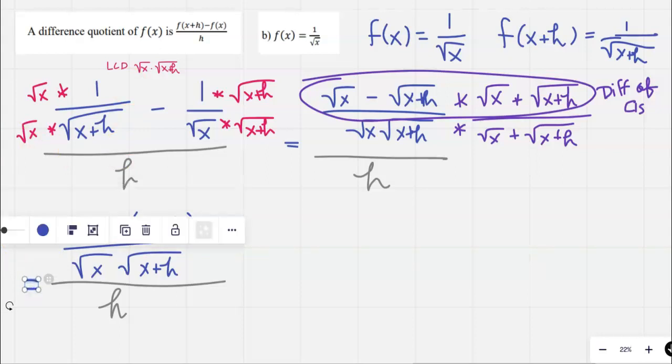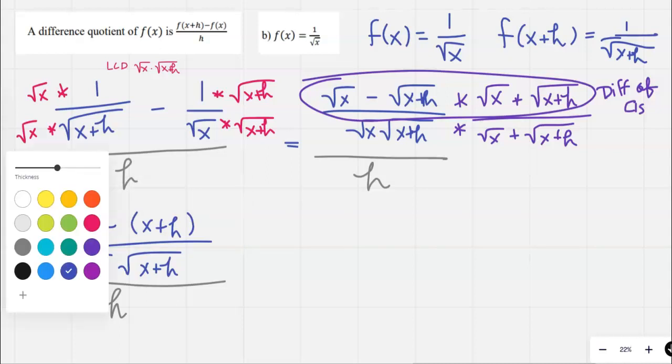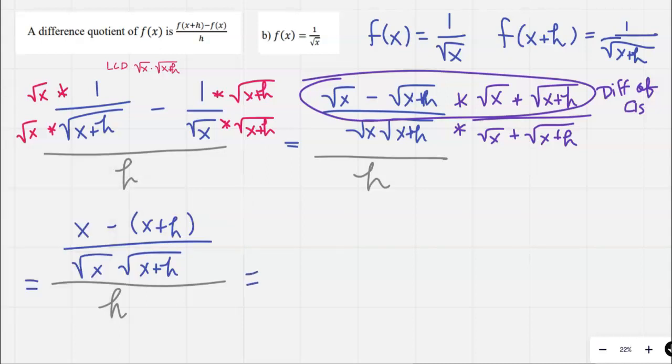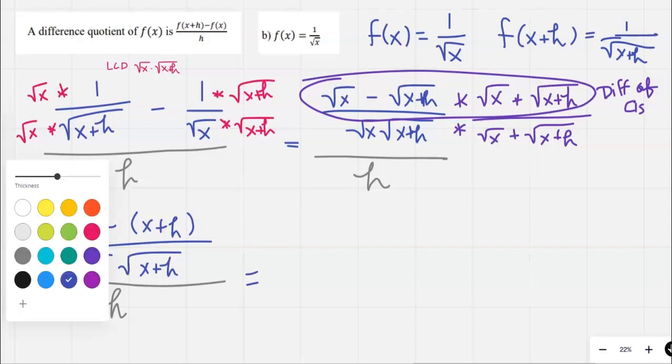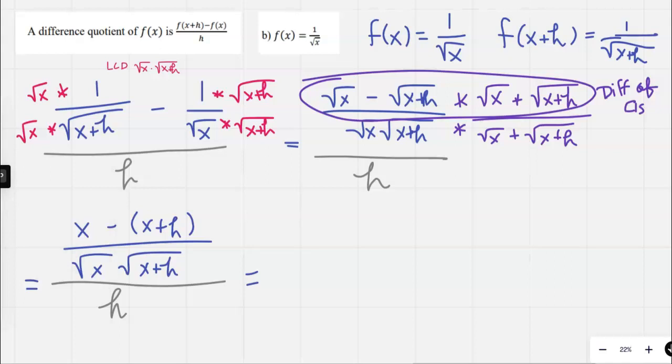And so what we can do next is we can say, all right, well, I'm going to actually distribute this subtraction. And I'm going to have x. Let me write it over here in green. Here we have x minus x plus h. Oh, that worked out nicely.